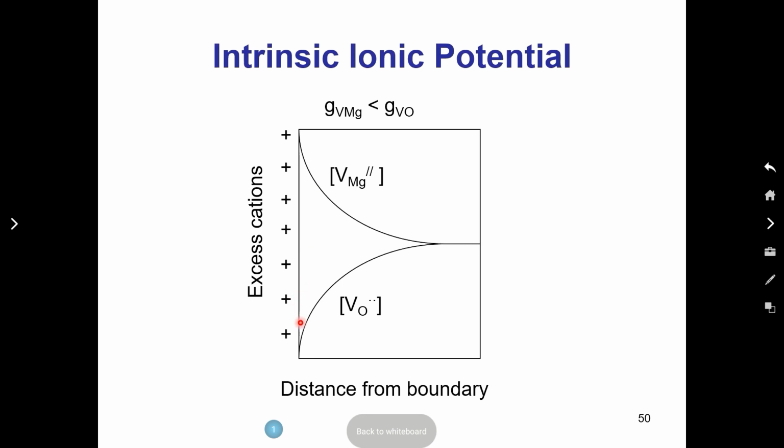On the surface, it can vary quite a bit depending on how different the energies are. But eventually, in the bulk, you will come to an equilibrium vacancy concentration of each of these that will be equal, so the electron neutrality condition of the bulk does not apply at the surface.